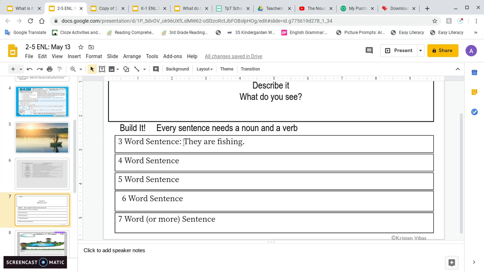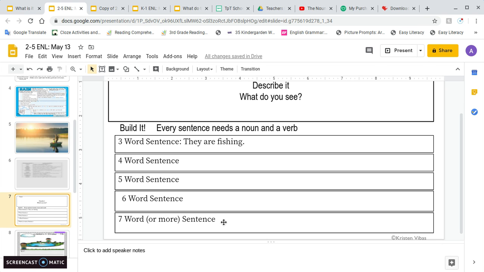So what I want you to do, I did the 3-word sentence. I couldn't say the boy and father are fishing. That's too many words. So I had to use a pronoun to describe them. Okay, so I used they are fishing. Now you can use that and write a 4-word sentence, a 5-word, a 6-word, a 7-word.